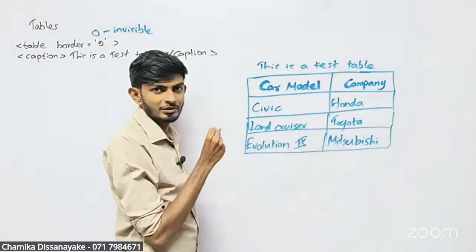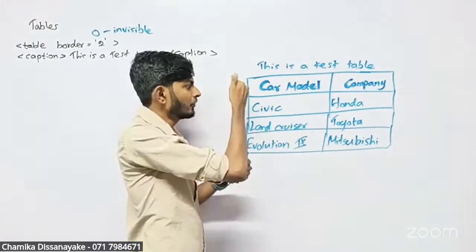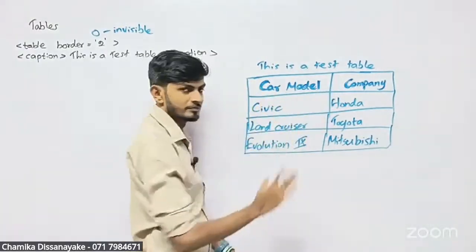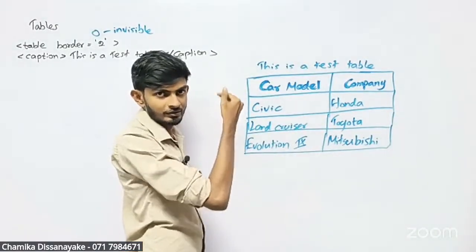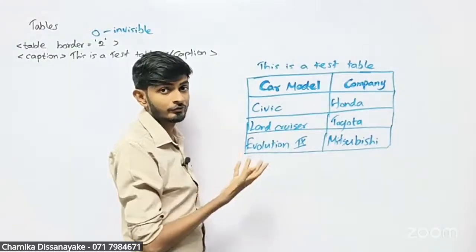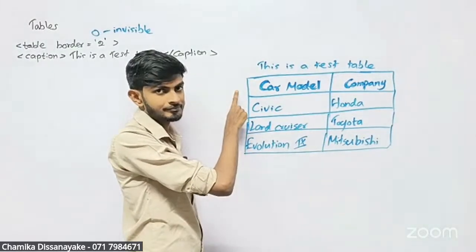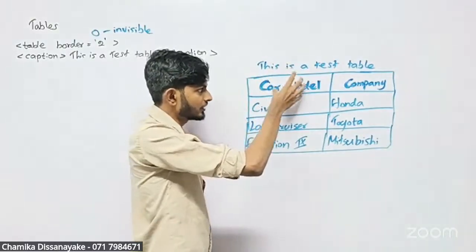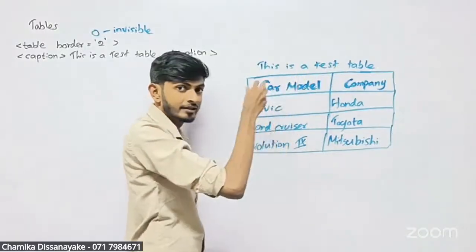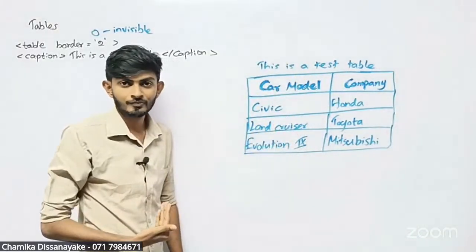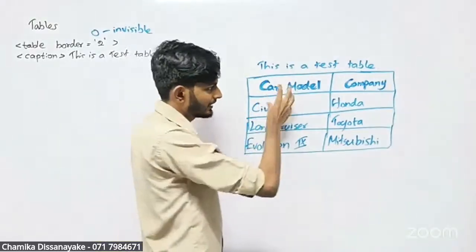We don't specify the number of rows and the number of columns. First of all, we create the row, and then those are not columns. Those are included as cells, or we can call them data inside the table.